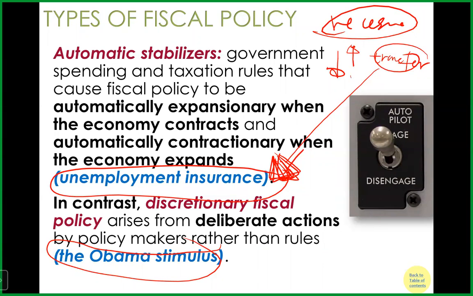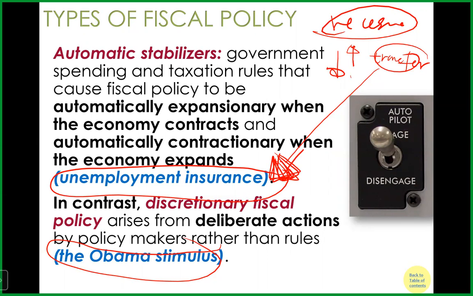Everything happens automatically, because people automatically show up at the Social Security office to claim their unemployment insurance benefit, or automatically fewer people show up to ask for benefit payments. So again, everything happens automatically without you doing anything.